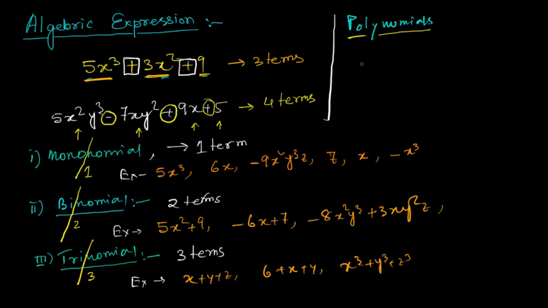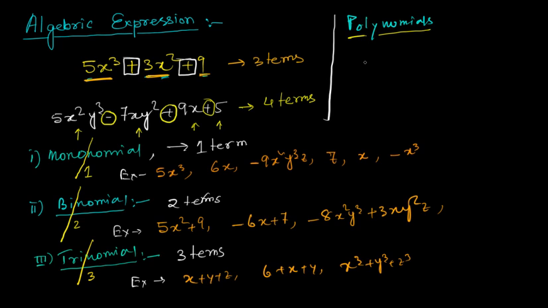There are a little bit of doubts, or you can say quarrels, between the mathematicians about the definition of a polynomial. Poly means more than one, so we must say that it must be more than one. So a binomial itself is a polynomial, a trinomial itself is a polynomial. But in some books they have written that more than four terms are called polynomial. In some books it's given that more than two terms are called polynomial.